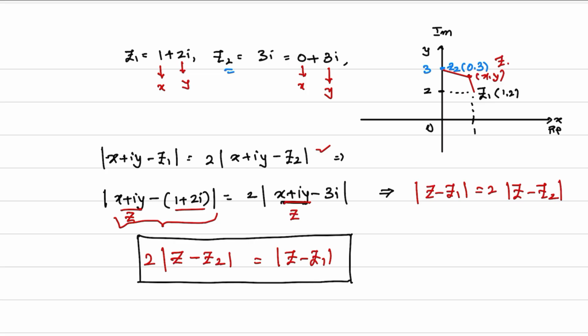As per this condition, the curve is being formed. We have to understand what that curve is, what is the shape of the curve, and what are its center and radius if it is a circle.